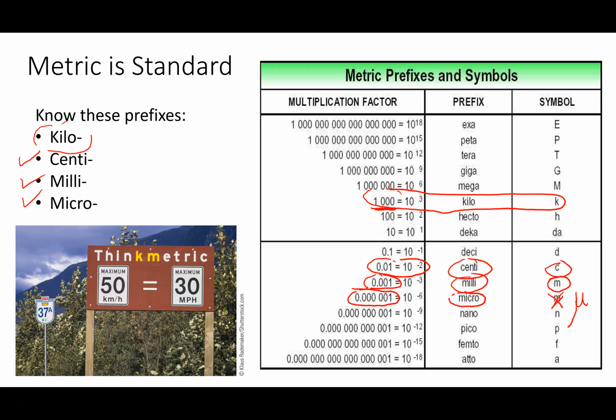Last one we need to tackle is micro. So 1 micrometer, sometimes called 1 micron, is equal to how many meters? Yeah, 0.000001. I'm liking it.